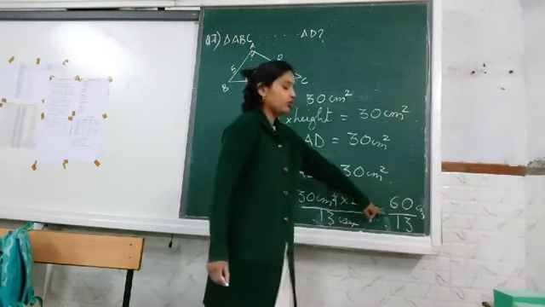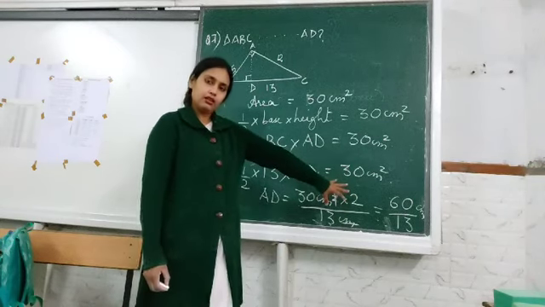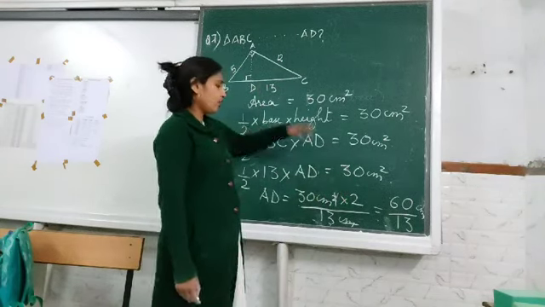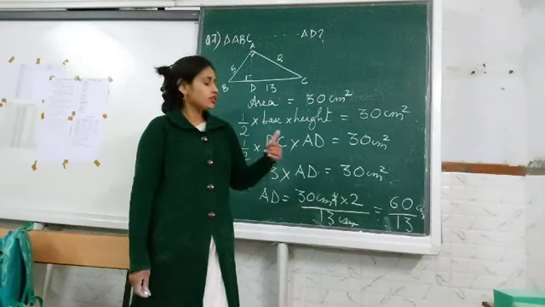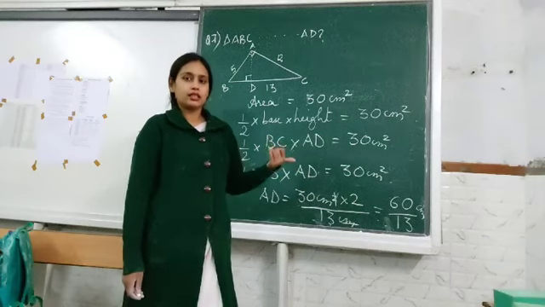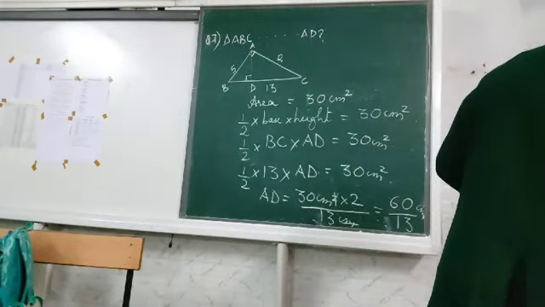Either you divide and bring the length of AD in decimal, or you can write this also. The length of AD is equal to 60 by 13 centimeters, okay. So this completes question number 7.